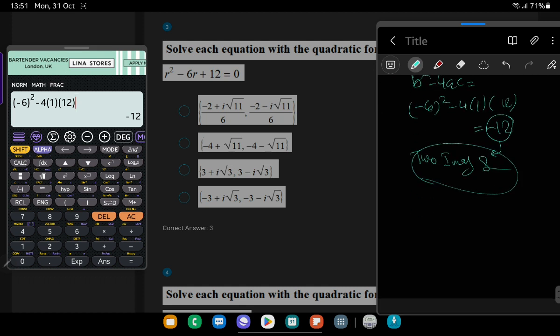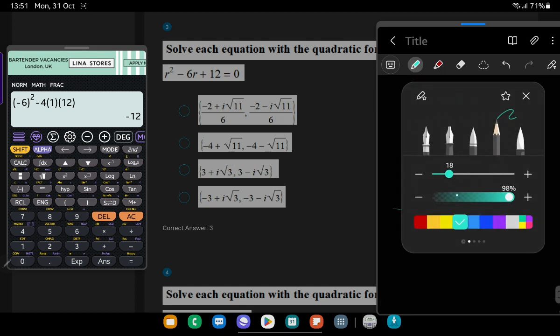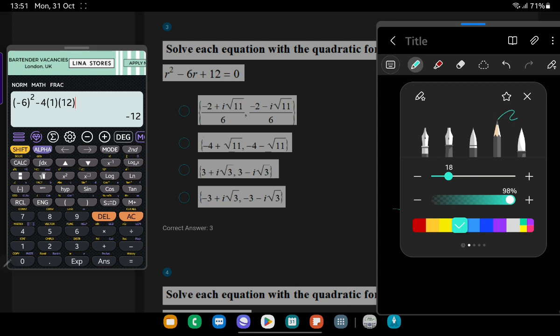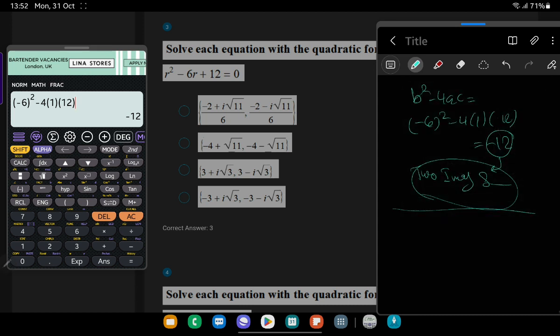Okay. Now the second part. Negative b plus or minus the square root of b squared minus 4ac, over 2a. You have negative b, which is negative negative 6, so it's 6, plus or minus. Now root of negative 12, you write positive 12, and you turn the negative from inside the root to be i outside the root.